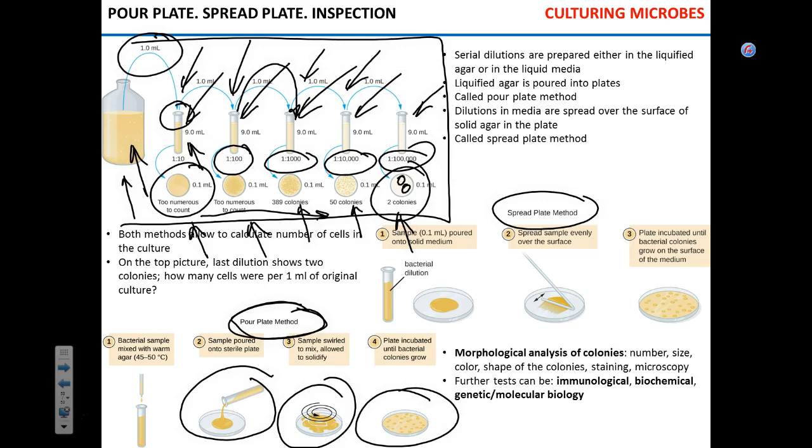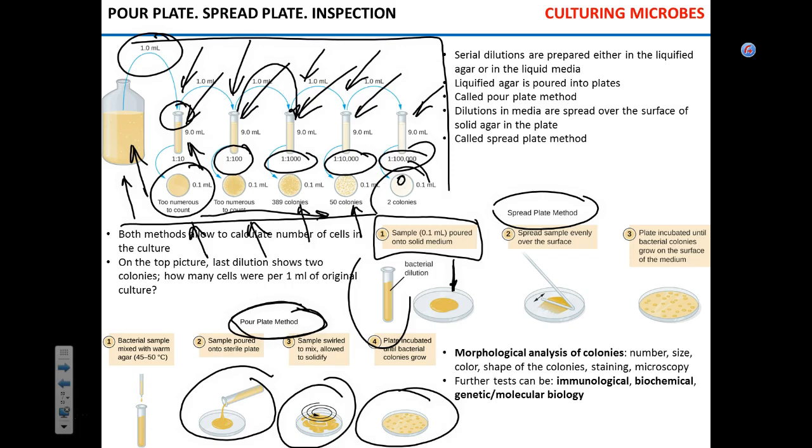Second approach, which I like more, but for mainly technical reasons, we're not going to do it. It's much simpler. You make all the same dilutions, but this time not in the agar, but in the liquid medium, just the liquid broth. Okay? And then you add a little sample of each dilution to the surface of the agar plate.